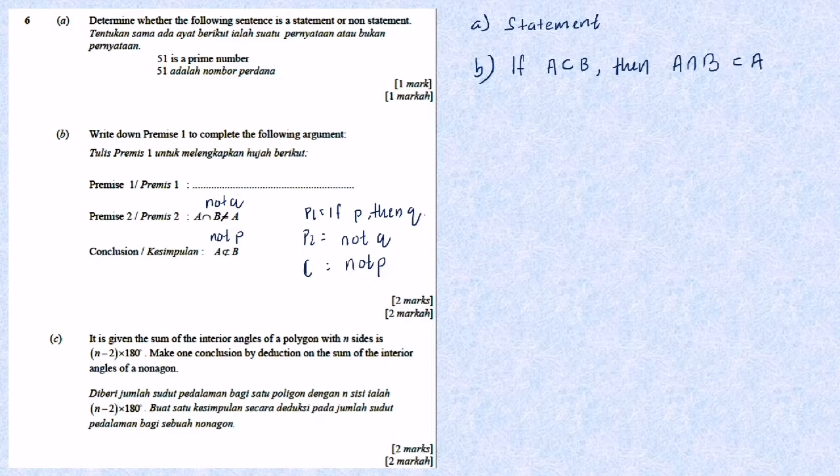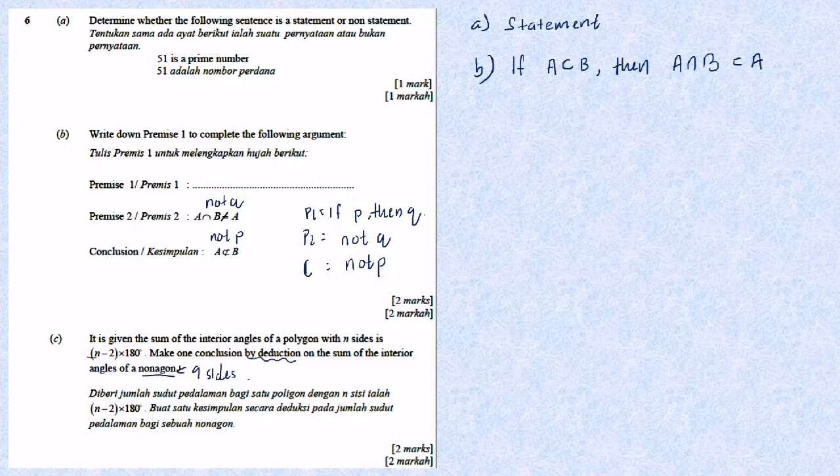C. It is given the sum of the interior angles of a polygon with n sides is n minus 2 times 180 degrees. Make one conclusion by deduction on the sum of the interior angles of a nonagon. First, conclusion by deduction means we need to find the answer. And a nonagon has 9 sides.